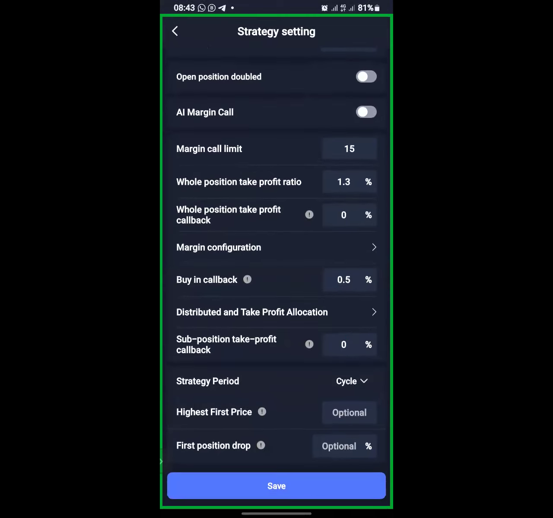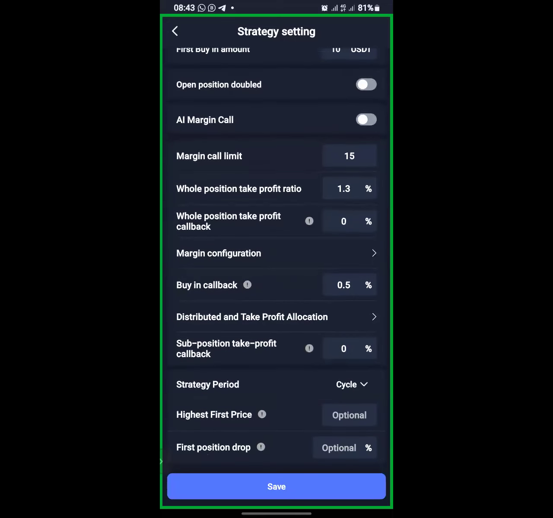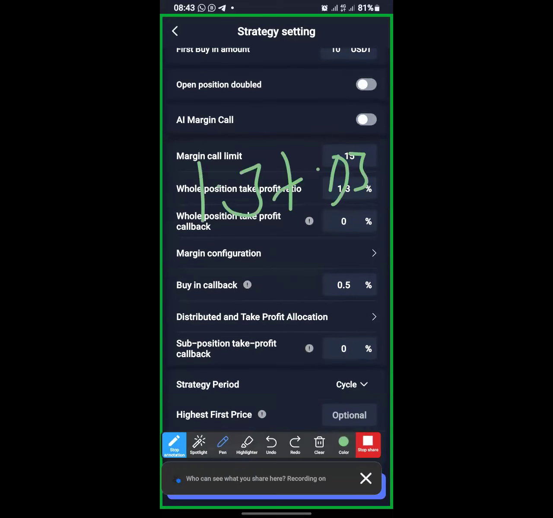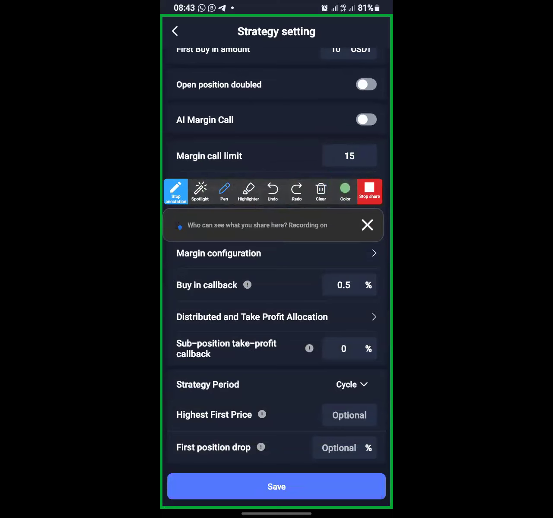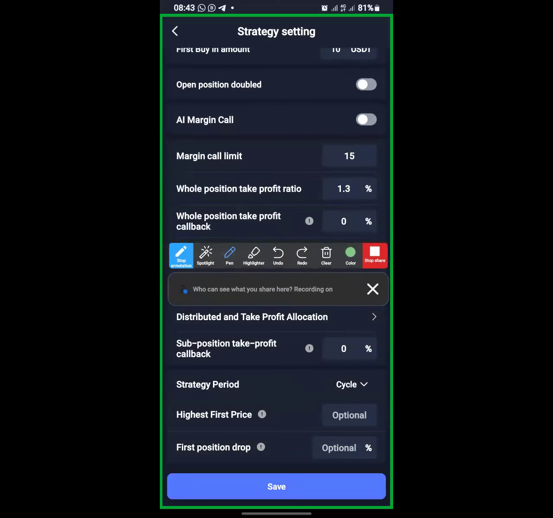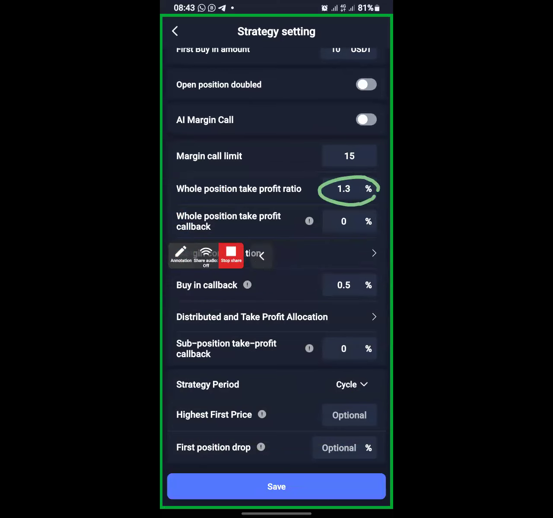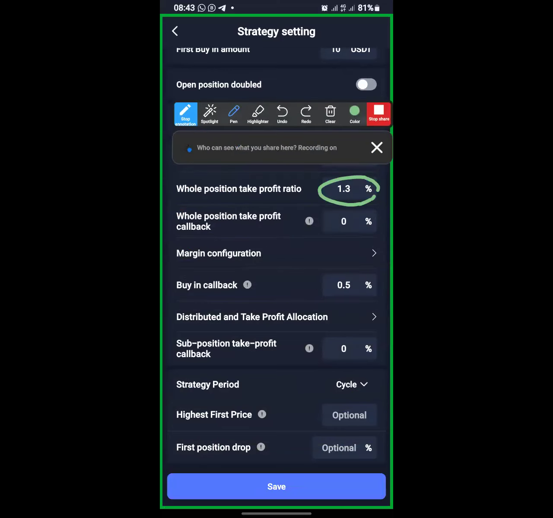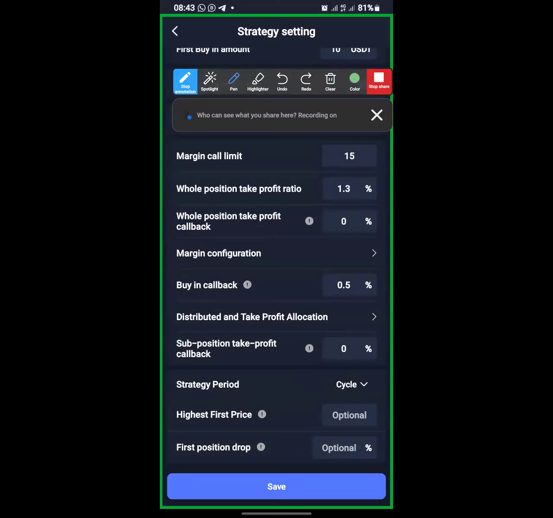When you're trading on sub positions, I sometimes recommend you first leave your coin on cycle, because you may set sub positions and the coin moves out before it buys even one margin call. But if it sells on cycle for the first time at 1.3, there is a chance that it may get down and buy your margin calls.